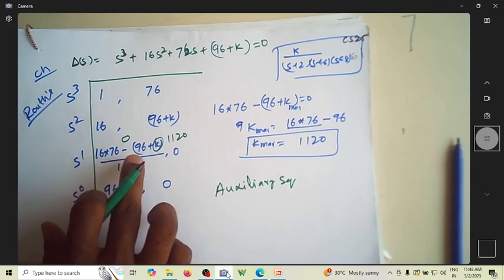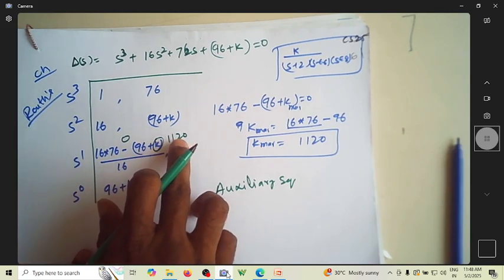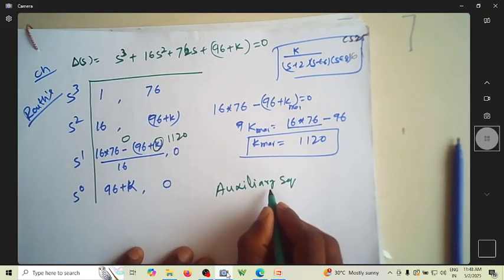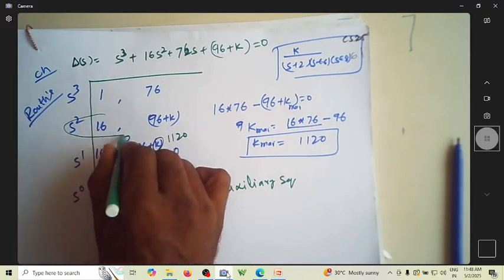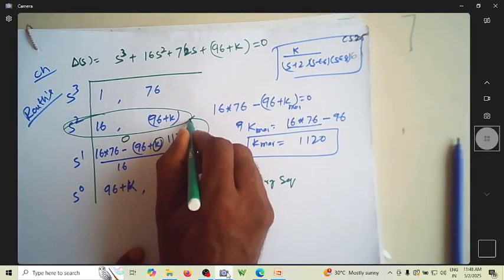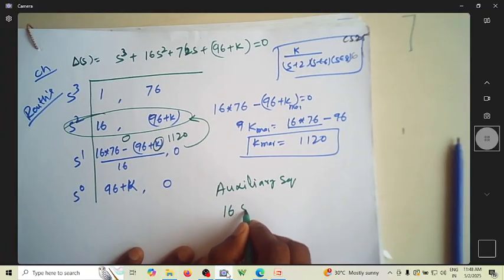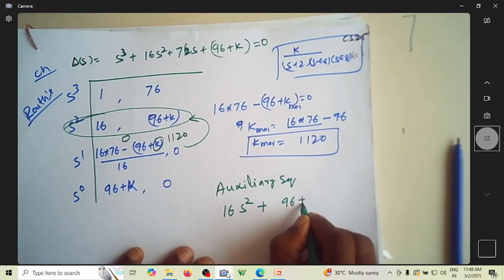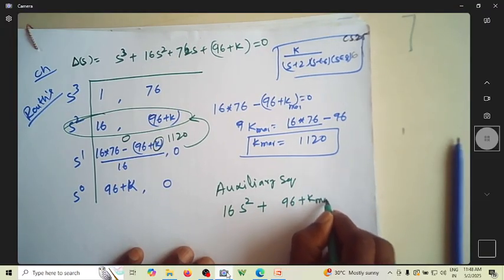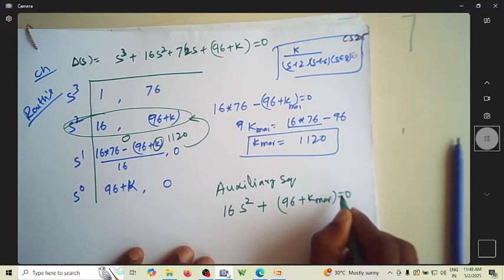So this is 0, this is 0 when k is equal to 1120. I'll consider an auxiliary equation which is exactly the row above this. That row is my auxiliary equation, which is 16s square plus 96 plus k margin, equal to 0.